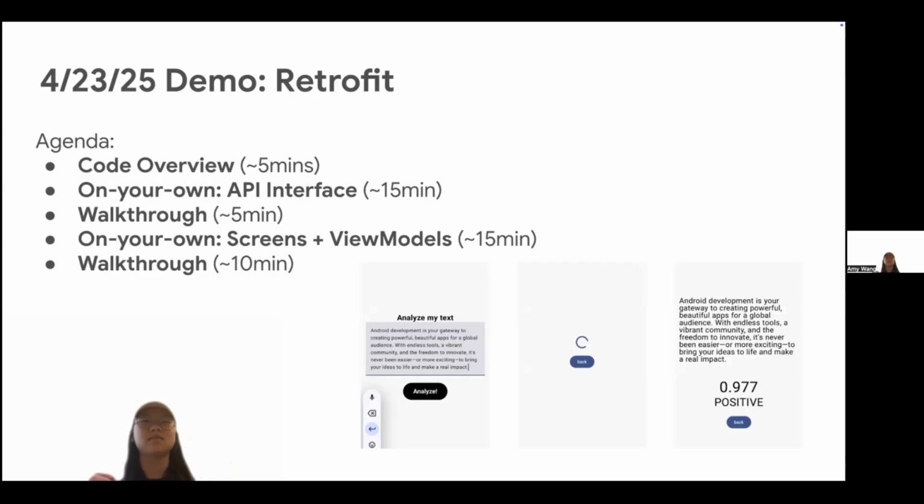Basically, you'll put in a blurb of text, and then it'll return how positive or negative it thinks it is. There is space in this demo for you to choose your own API to work with, since the starter code is pretty generalized. But if you want, you can also just follow along with the sentiment API.